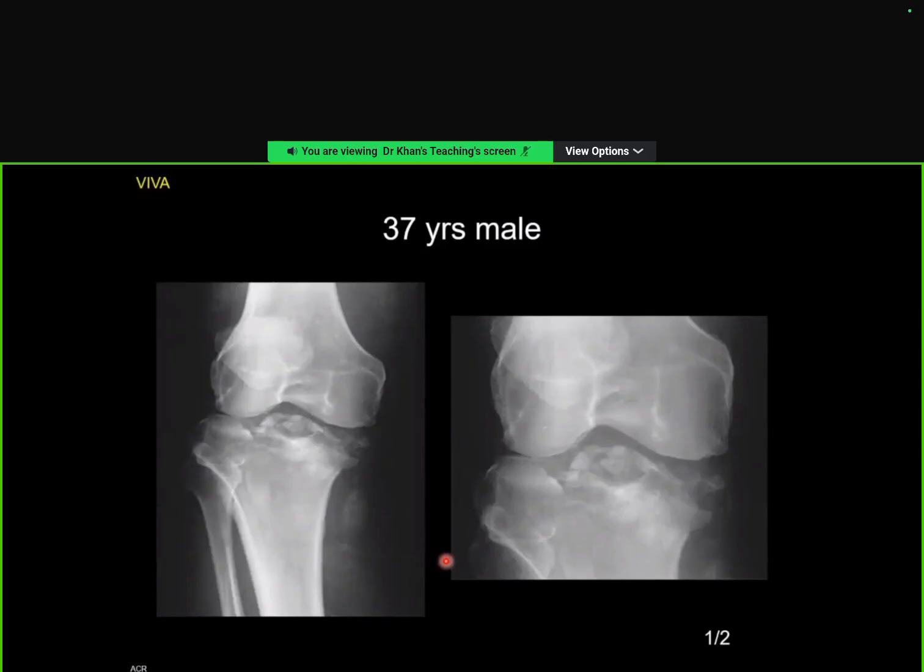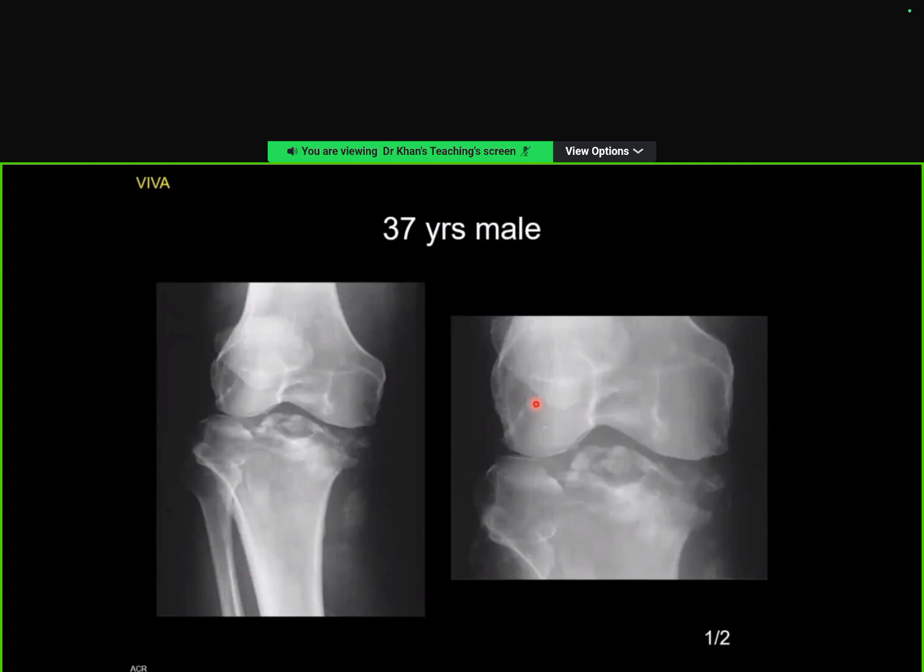My differential would be previous septic arthritis of the knee. I would correlate with the other side to see if it's a unilateral or bilateral process, and if there's any history to account for this appearance. What is the bone density?